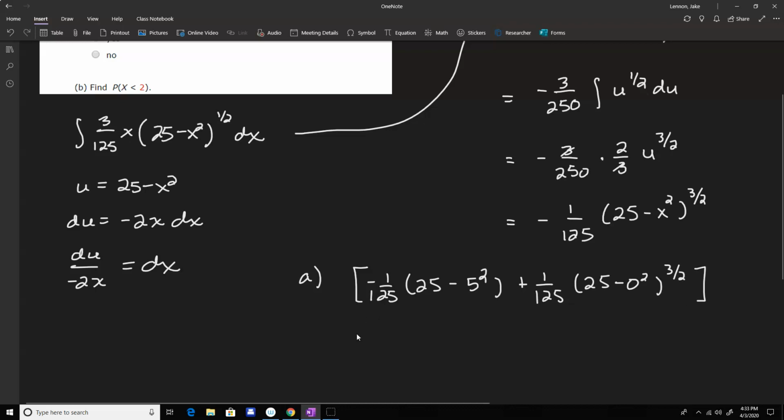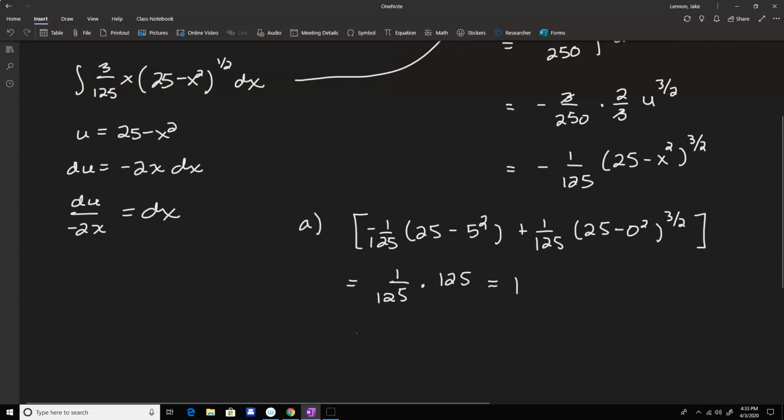So for part A, 25 minus 25 becomes 0, so this first term goes away, and we end up with just 1 over 125, and then we end up with 25 to the 3 over 2, which is 125, so that comes out to 1. So basically that is the reason for part A.